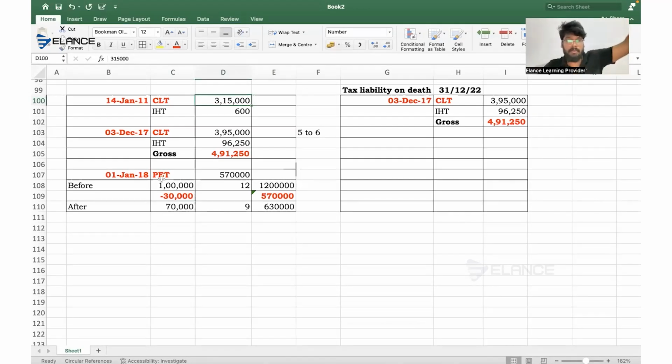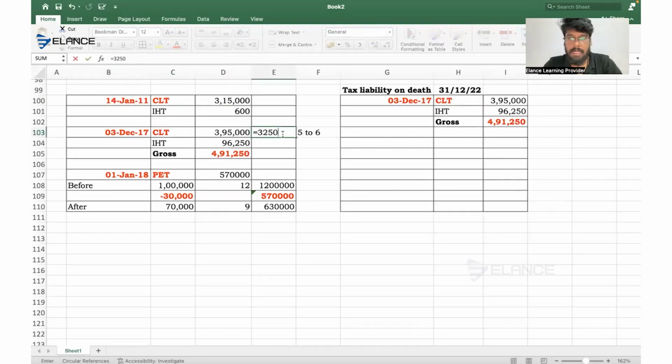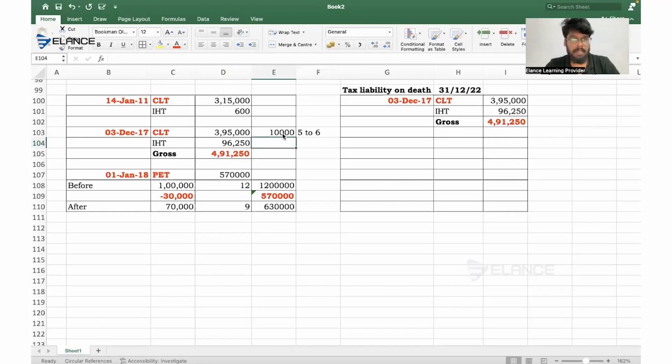So the maximum available nil rate band of 325,000 is reduced by the transfer of 315,000 in the previous 7 years. So the available nil rate band was 10,000 in December 2017 at the time of making this transfer. The same available nil rate band can be used on death also.